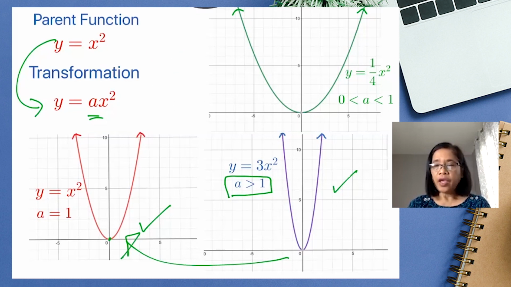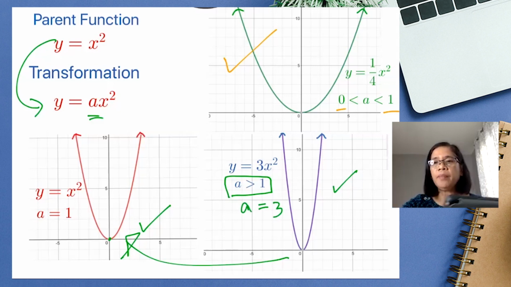Okay, so the effect of a is on the width or the opening of the parabola. So as we change a from 1 to 3, a here is equal to 3, the graph narrows. And if a on the graph here is a number between 0 and 1, so it's a fraction, or you can have a decimal between 0 and 1, notice the effect on the opening of the parabola.